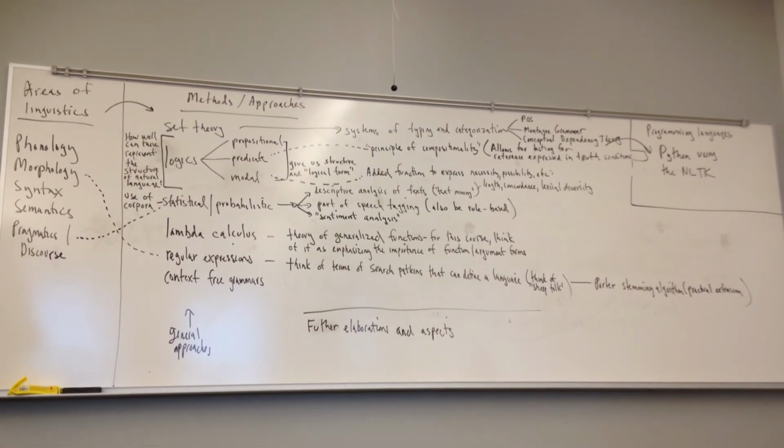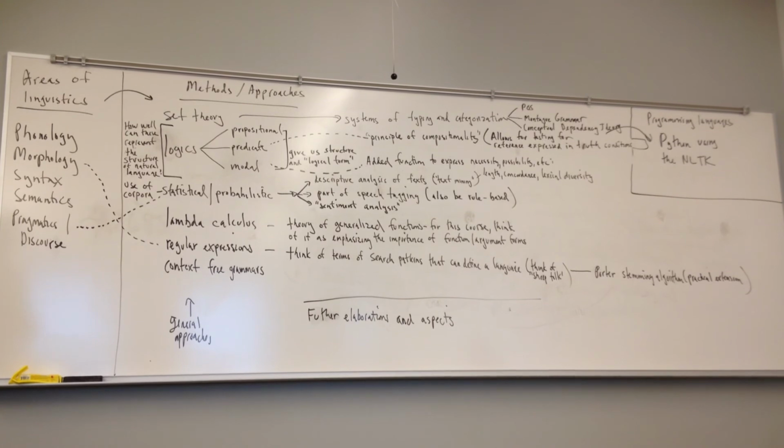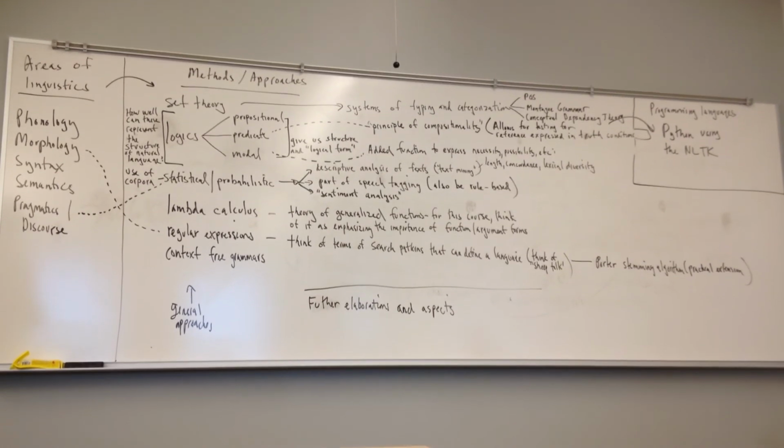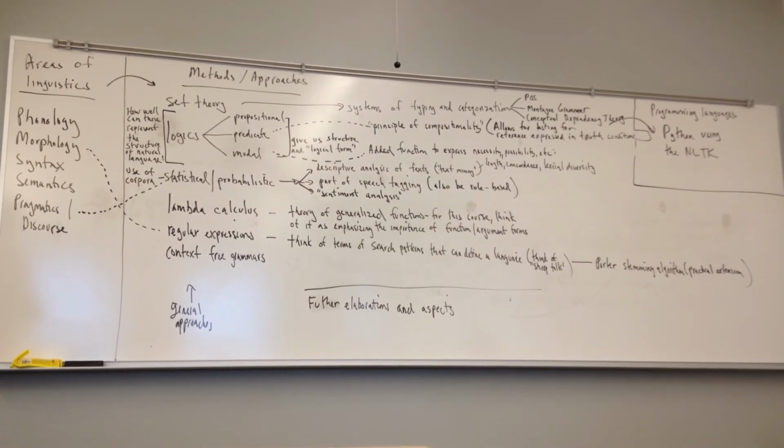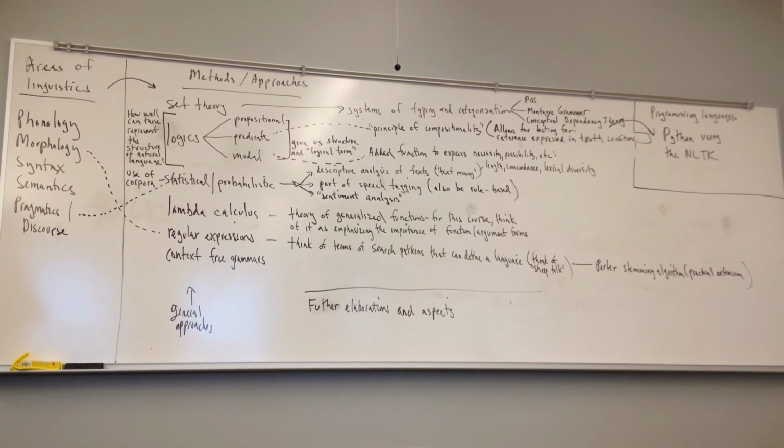I haven't talked as much about that because I can only focus on certain things, and this is very much a kind of practical course in theory and practice with respect to computational linguistics.